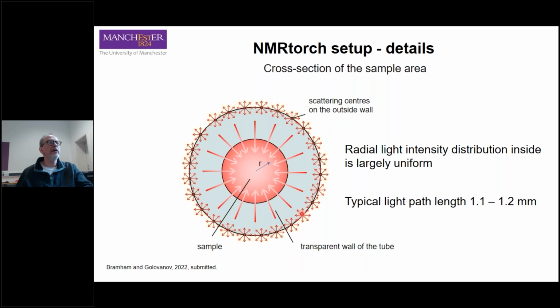So if you get away further from the local source of light, which is this particular scattering center, you go closer to another local source of scattered light, so you're never far away from the source of light there. So the typical path length is very short here, only half of the sample diameter, and it is slightly above 1 millimeter.